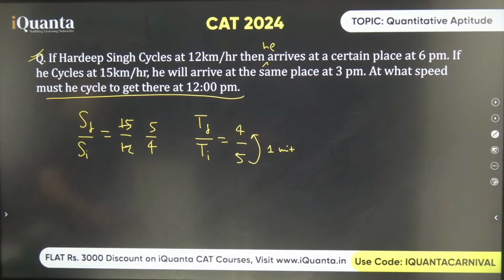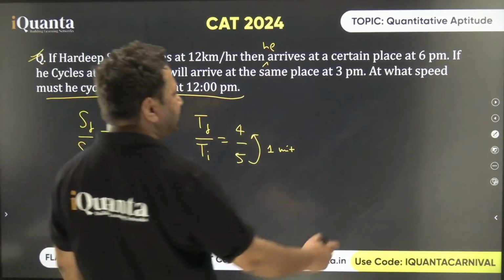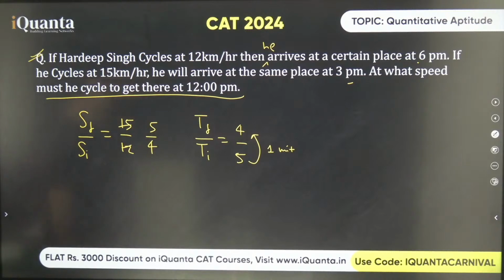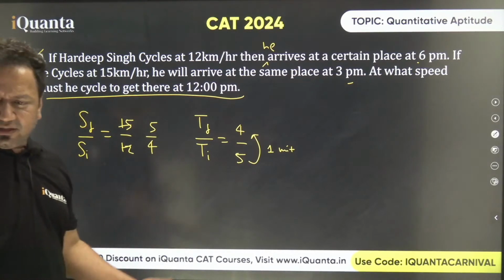And how much has the time reduced? Earlier, he reached at 6 p.m. Now he's reaching at 3 p.m. Roshan, 3 hours, huh?